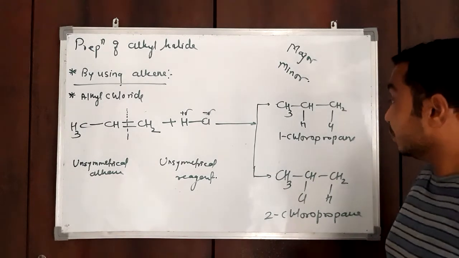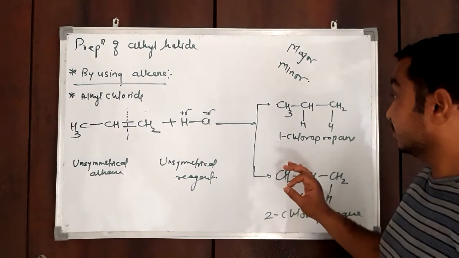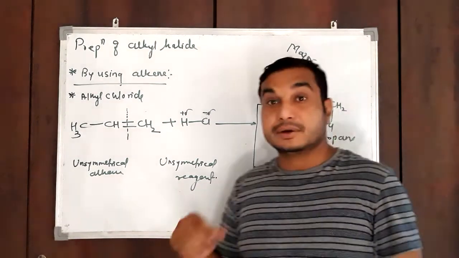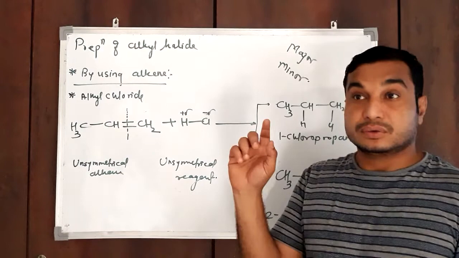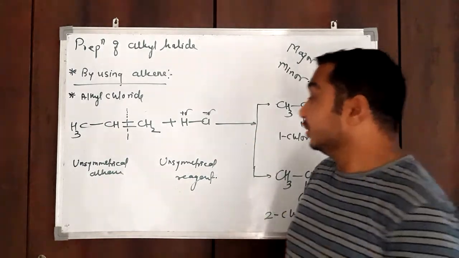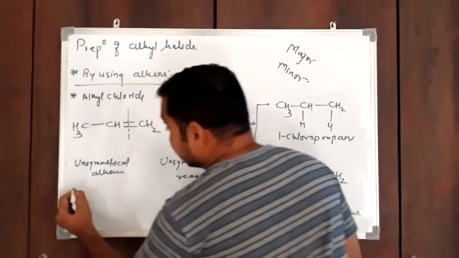So now we have to decide which is major and which is minor. To decide the major product and minor product, we have to follow one rule. That rule is known as Markovnikov's rule.